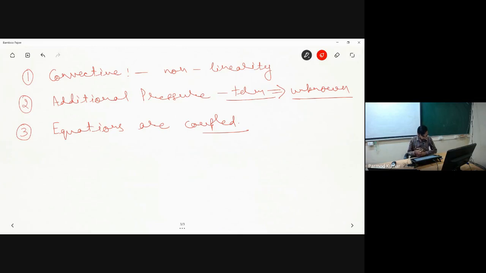Okay, so now there are different ways of dealing with this unknown pressure term, considering the compressible and incompressible nature of the fluid. Okay, the compressible part we are not considering at the moment as part of our syllabus.